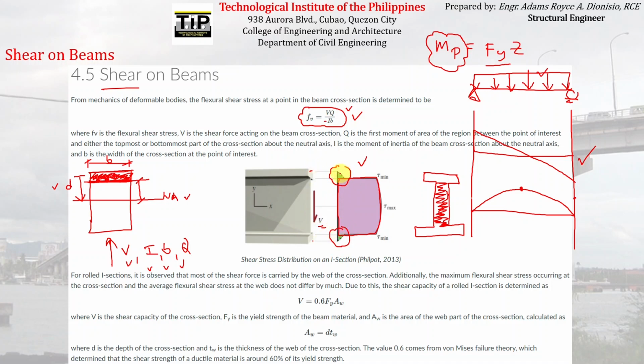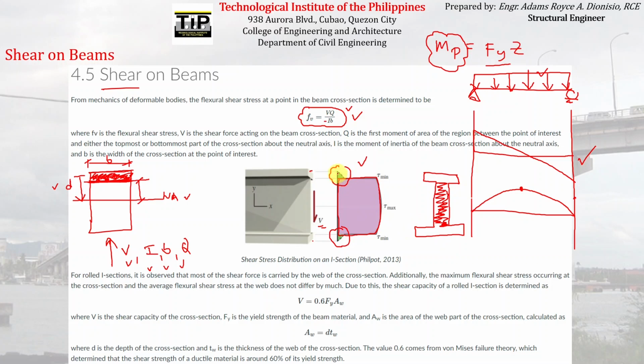The shear stresses acting on the flanges are very small compared to the shear stresses acting on the web. Therefore, we can say that the main component of the cross section that resists shear stresses is actually the web.